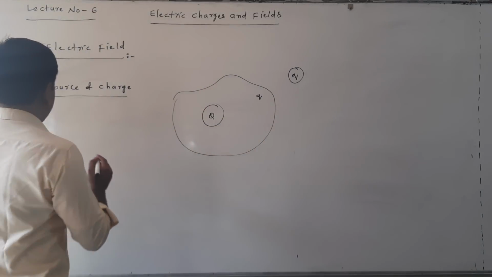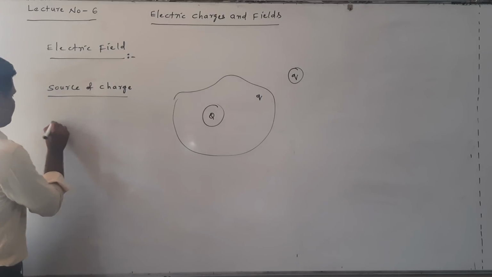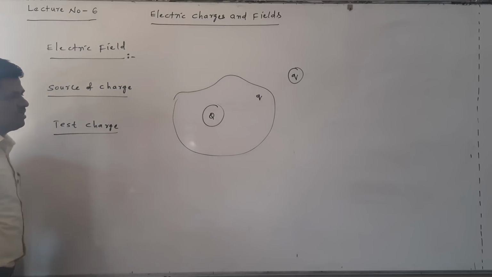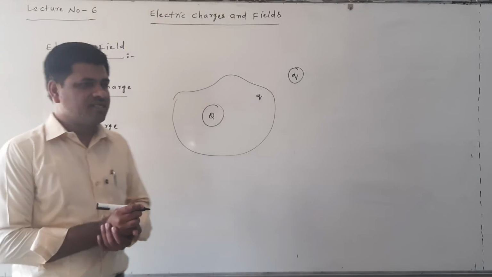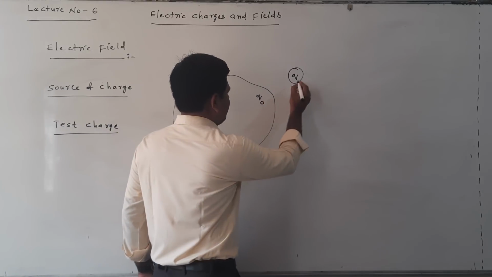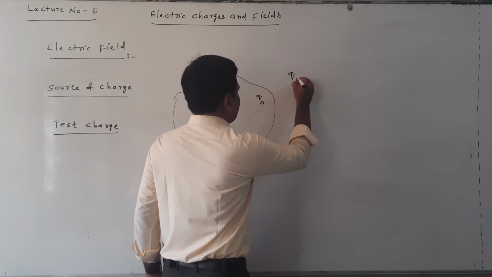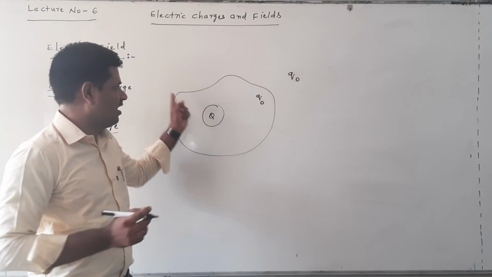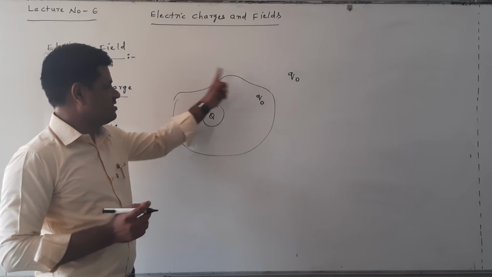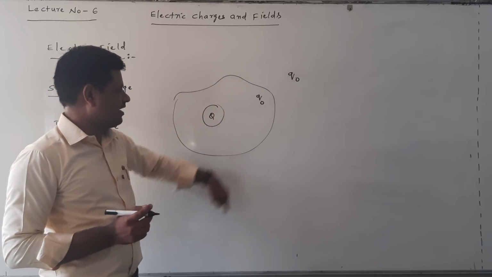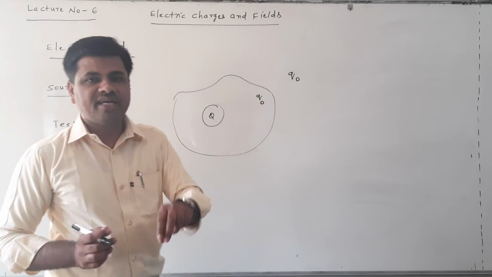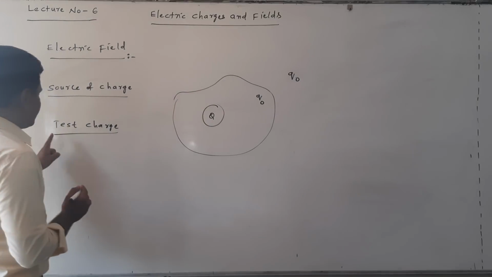Next, we can define the test charge. What is meant by the test charge? Suppose I am placing another charge here, Q0. I have taken Q0 as the test charge. That Q0 charge I am placing in the region of the electric field of the source charge, and this charge experiences a force.